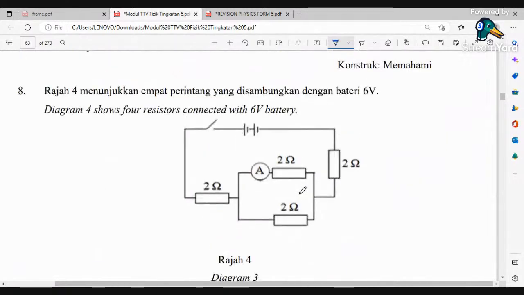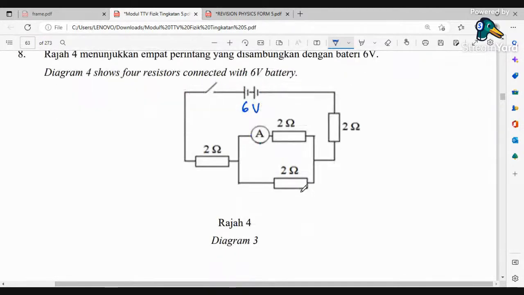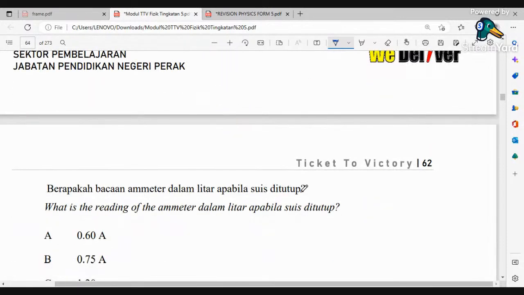Number 8. Diagram shows 4 resistors connected with a 6-volt battery. So this one is 6 volt. What is the reading of the ammeter in the circuit when the switch is closed? Apabila switch ditutup, when switch is closed.